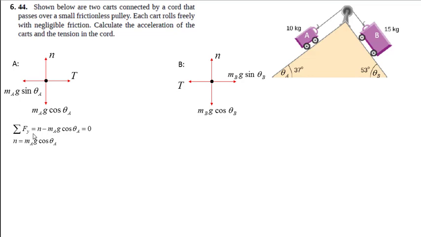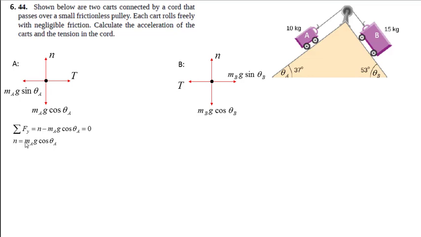My net force in the y direction is always, always, always equal to my mass times my acceleration in the y direction. But in this problem, there is no acceleration in the y direction. This cart is not going to accelerate in this direction like this. So because my acceleration in the y direction is 0, my net force in the y direction has to be 0. That lets me say that my normal force is equal to mg cosine theta.